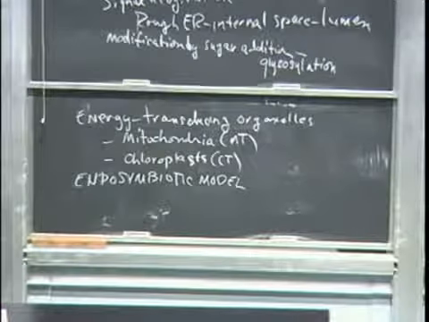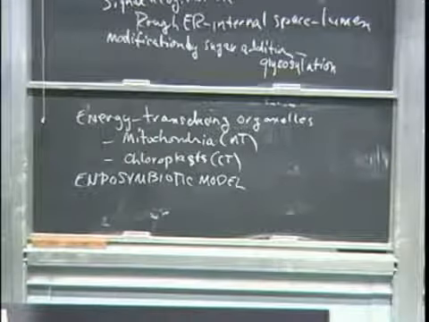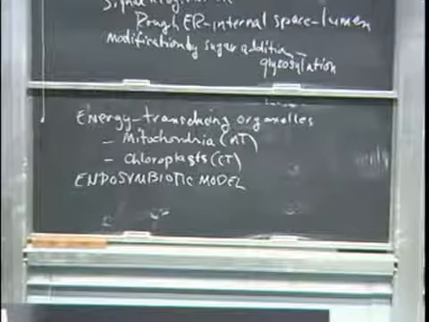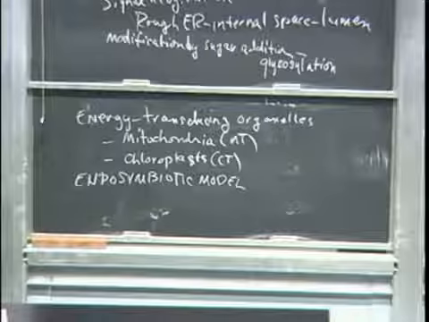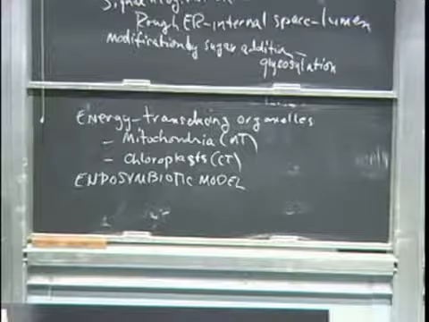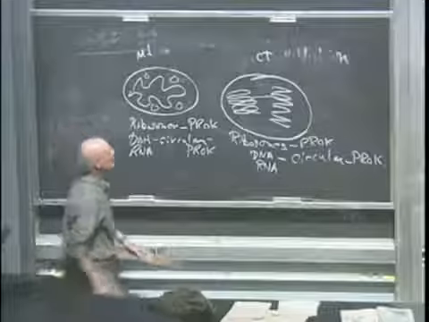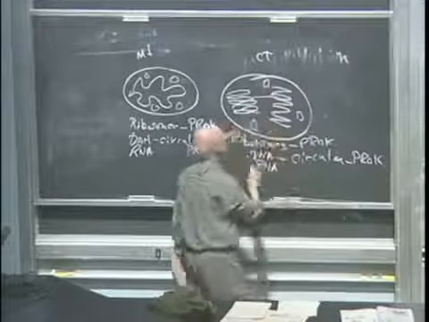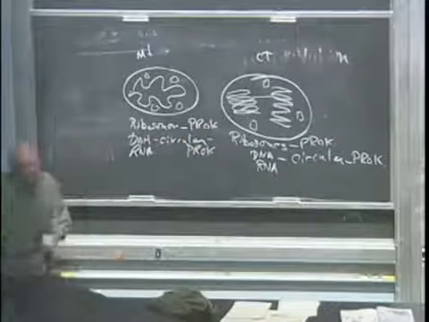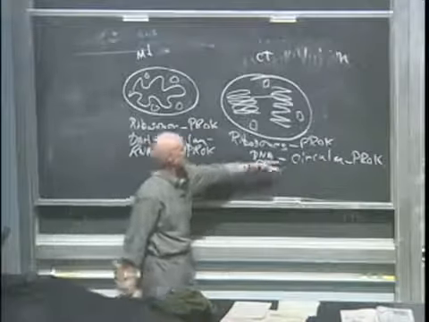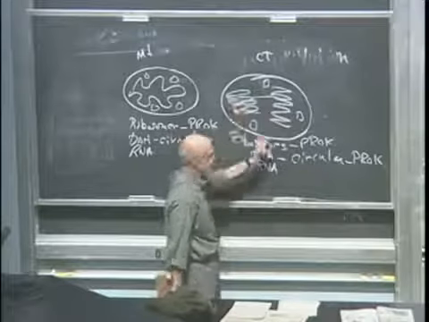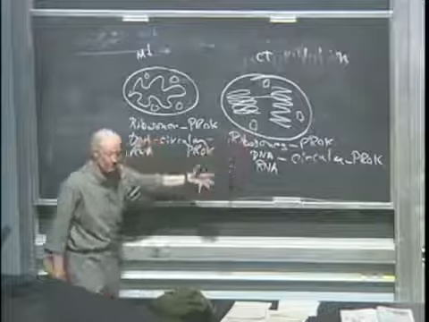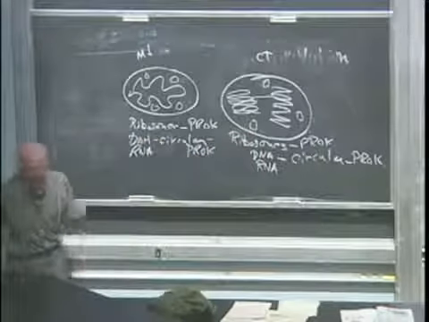And basically, that ingested organism was not totally degraded, but it retained a lot of its properties as an independent component in these two organisms. Because it's hard to see how you can have prokaryotic components within this particular organelle unless the organelle was a prokaryote. That's basically what I'm saying.